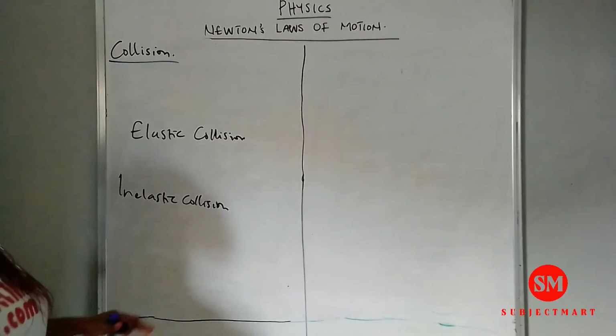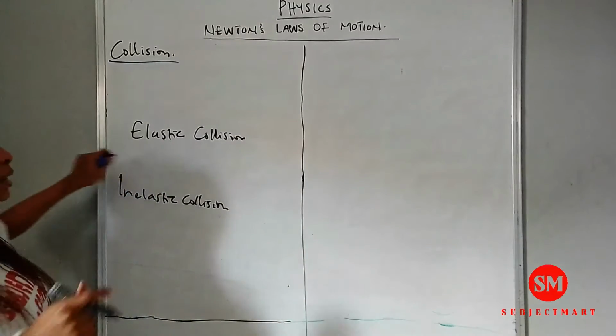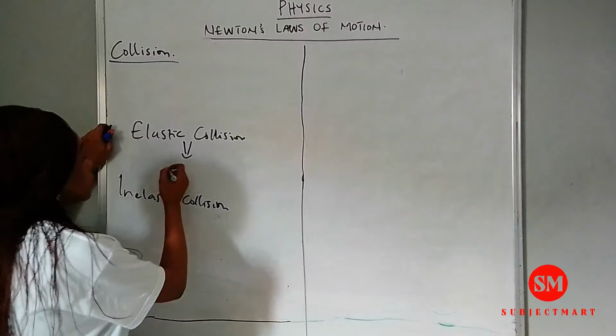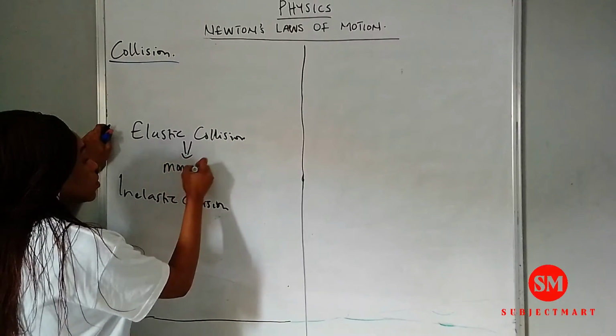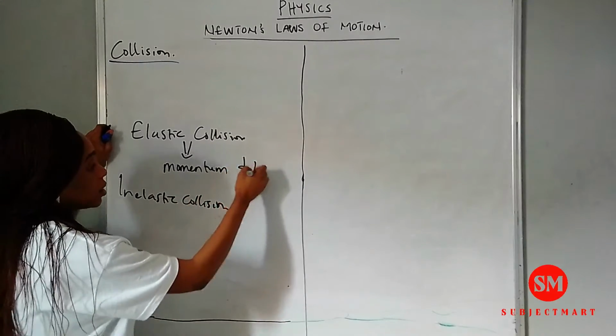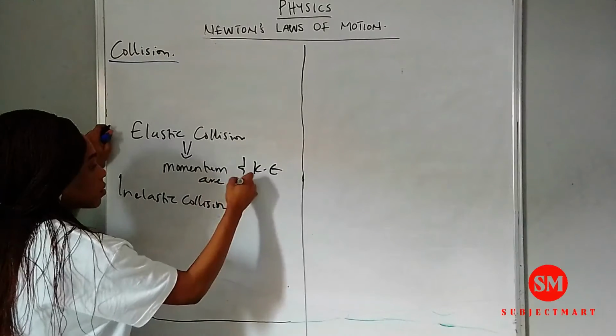Now, for two bodies colliding, their collision is said to be elastic when, after collision, the momentum and kinetic energy are conserved.